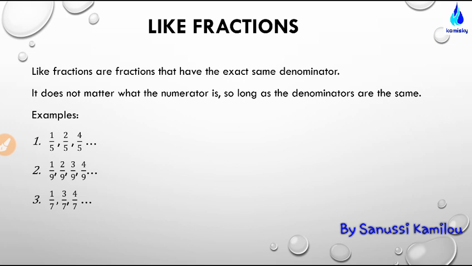And my third example is 1 out of 7, 3 out of 7, and 4 out of 7. The denominators are the same and the numerators are not the same. We call these like fractions. So either the numerators are changing or not, as far as the denominators are the same, we said they are called like fractions. I hope you are getting me.